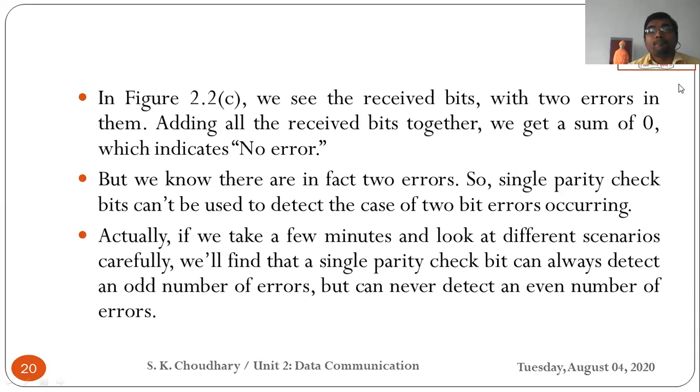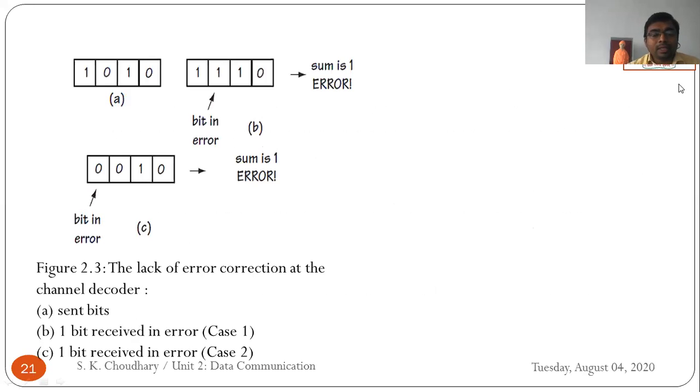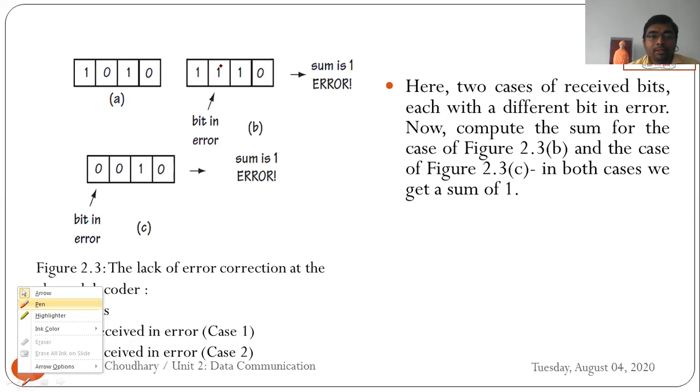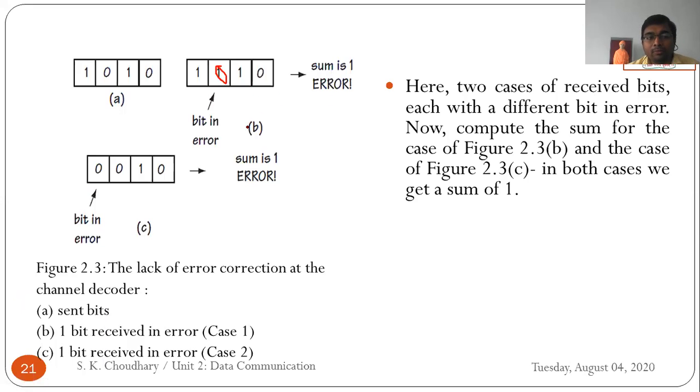Now we will see another example. If you look here, there is another example for single bit parity check, A, B, and C. A is the sent bit 1010, and from this diagram it is very clear that in figure B there is a 1 bit error because it is different from the sent bit in one position, and the sum is 1, so obviously a 1 bit error.